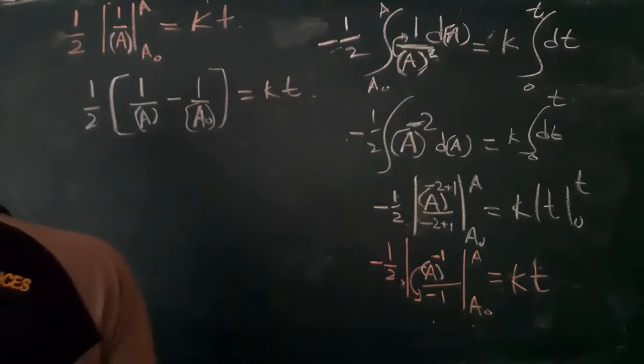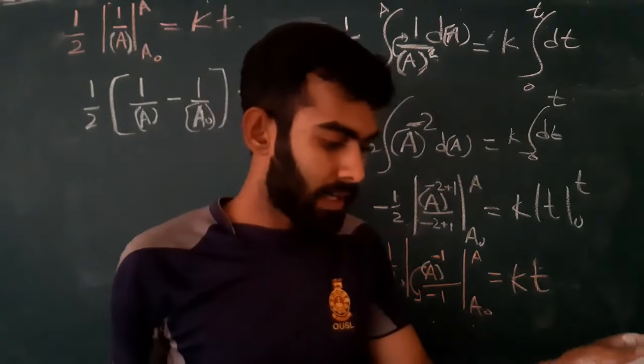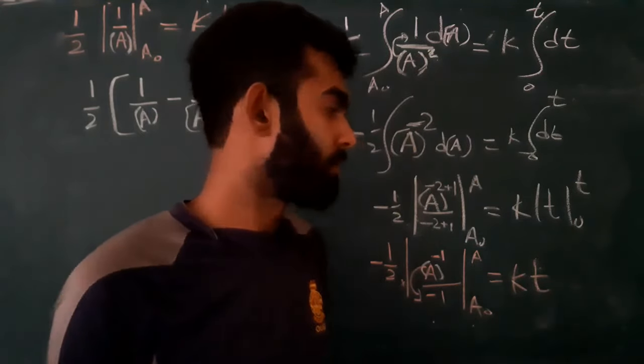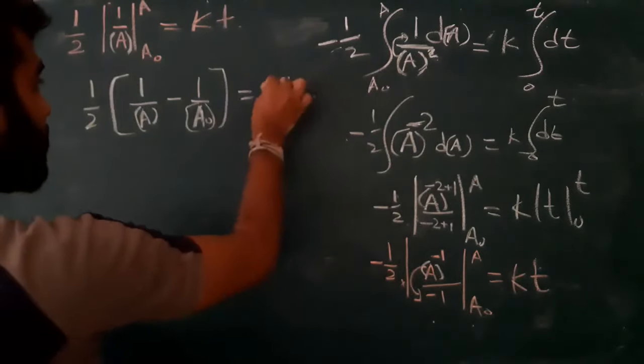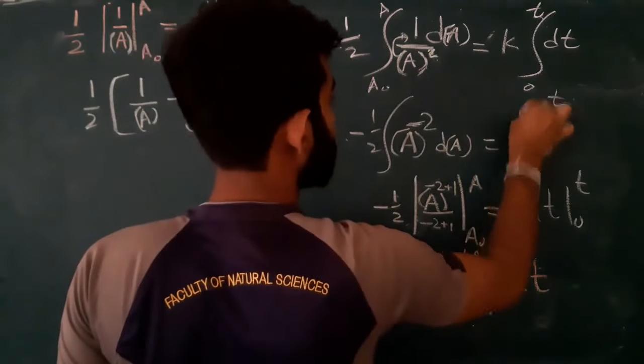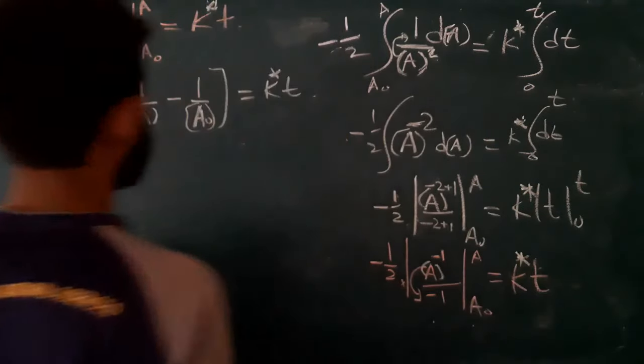So they are asking to derive an expression for the pseudo rate constant of the reaction. So we need the expression for this. Here k star, we call it the pseudo rate constant.